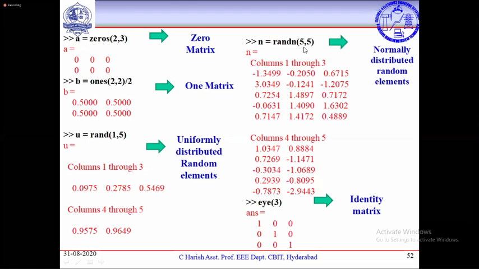If we go for normally distributed, this is a matrix. Identity matrix, I matrix, that is 1 0 0 1. If it is a 3 by 3, 1 0 0, 0 1 0, 0 0 1. Anything multiplied with the identity matrix will be the same matrix. Okay, these things we know already. So these are the commands for various matrices.